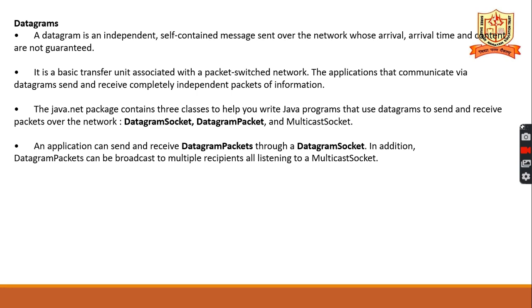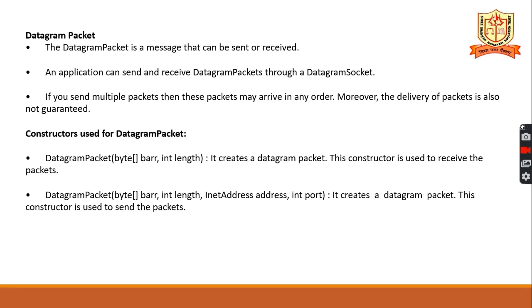An application can send and receive datagram packets through a datagram socket. In addition, datagram packets can be broadcast to multiple recipients, all listening to the multicast socket. A datagram packet is a message that can be sent or received.